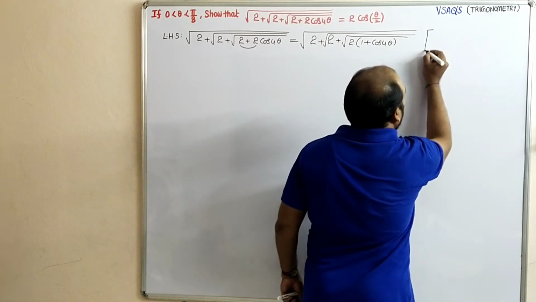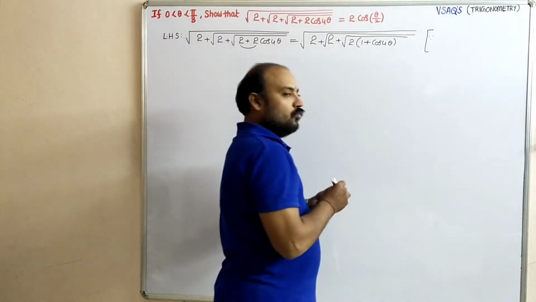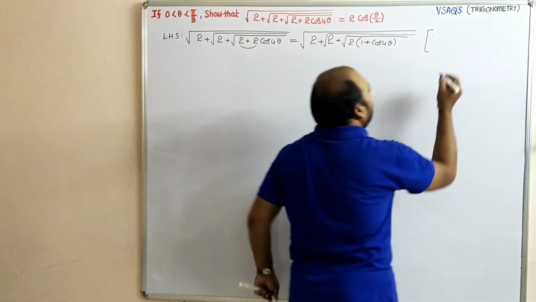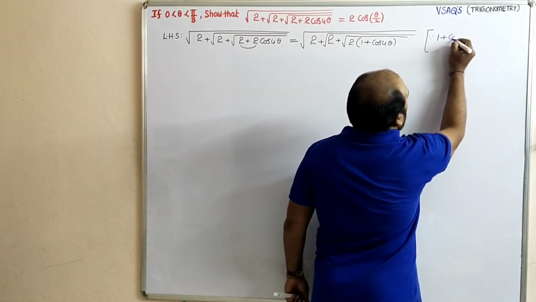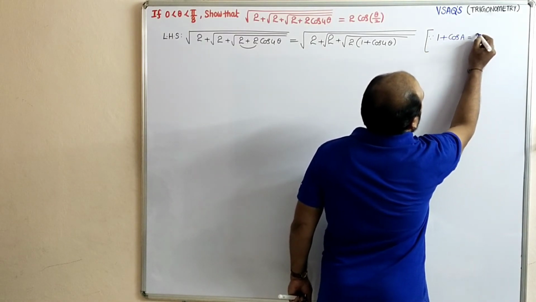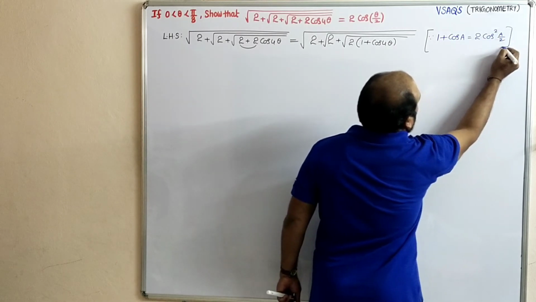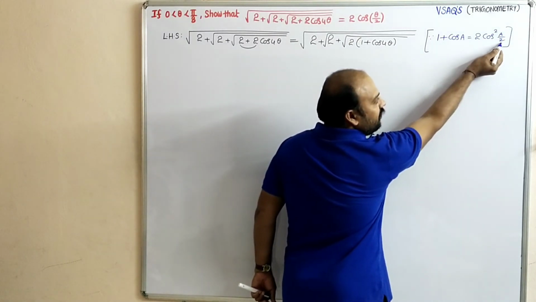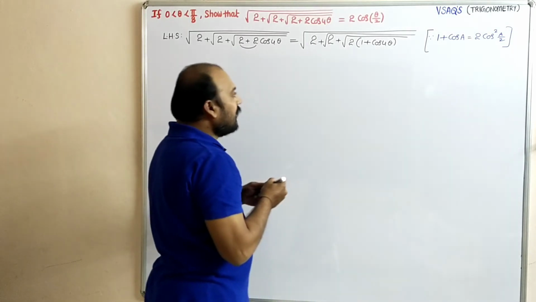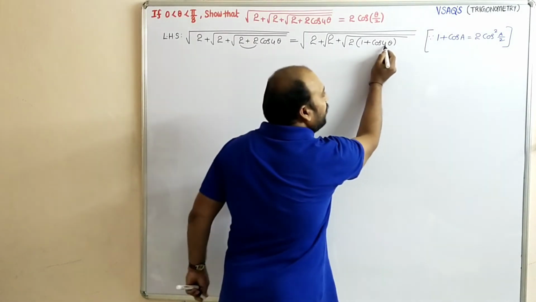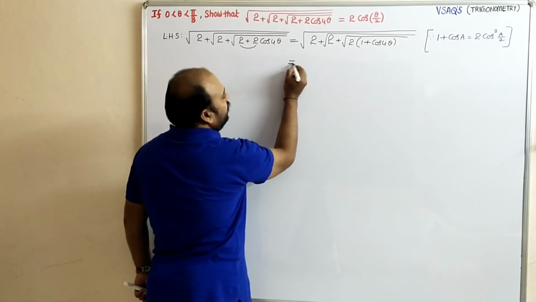We have the formula 1 plus cos A is equal to 2 cos square A by 2. Here A is there, in this we are getting half of the angle. Similarly, here 4 theta is there, in this we are getting half angle.